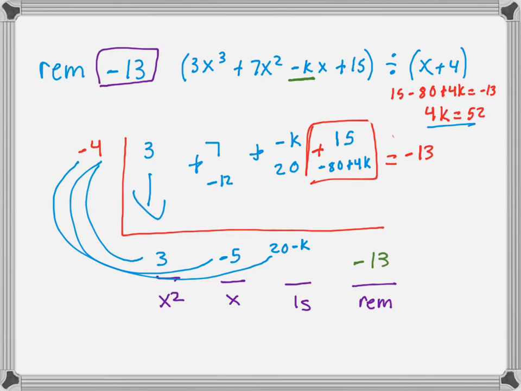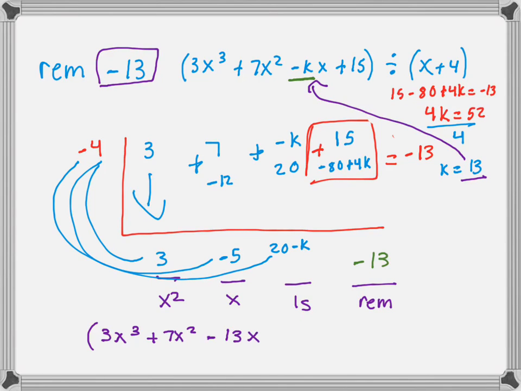And then divide by 4, we get k equals 13, which means that this goes up to the top and plugs in for that negative k. So our final value becomes 3x cubed plus 7x squared minus 13x plus 15. And then we have divided by x plus 4.